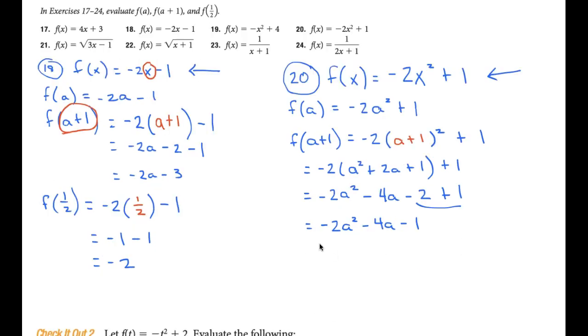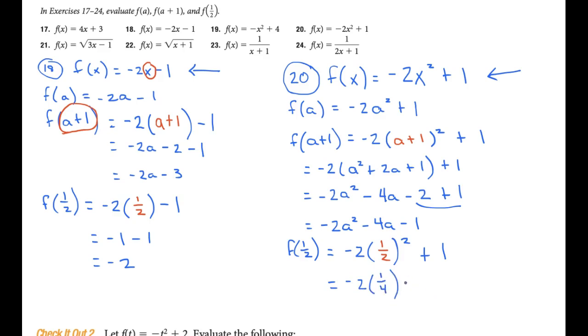So I have one more thing to evaluate, and that is f of 1/2, which means I need to put a 1/2 in every time I see an x. So I get negative 2 times 1/2 instead of x, and that is squared plus 1. All right, so I have negative 2. 1/2 squared is 1/4.